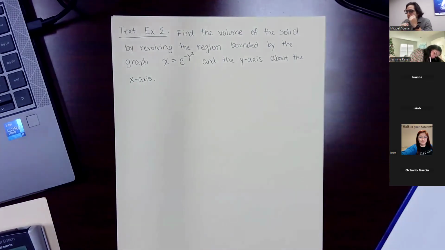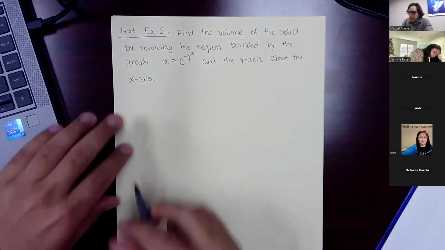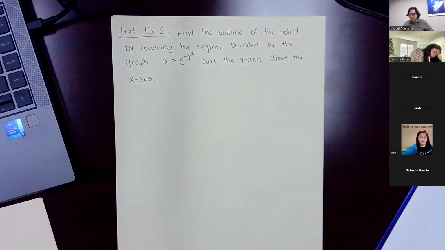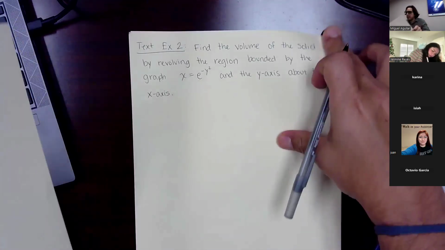Find the volume of the solid by revolving the region bounded by the graph x equals e to the negative y squared power and the y-axis about the x-axis. Okay, so I'll make a little note here. Actually, I want a little bit more cushion underneath this.